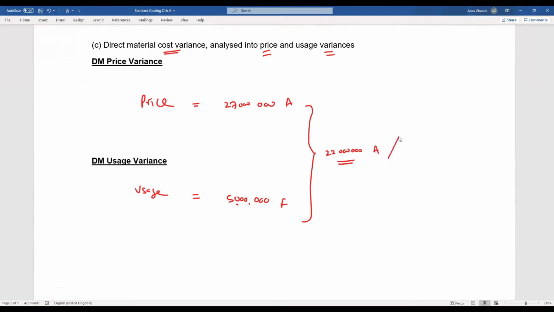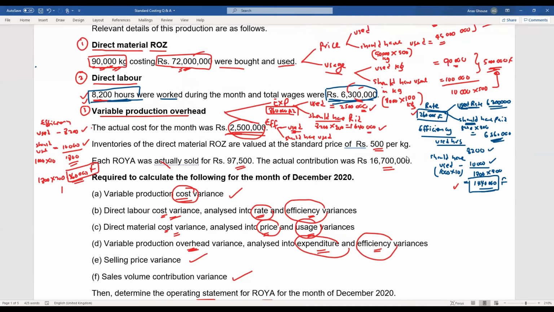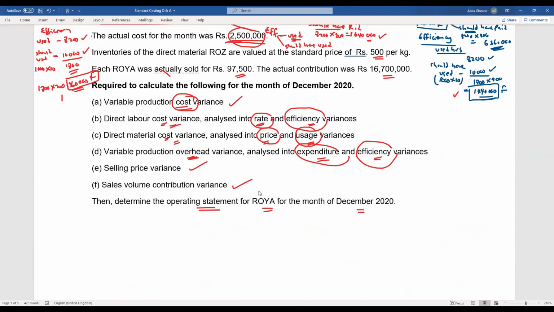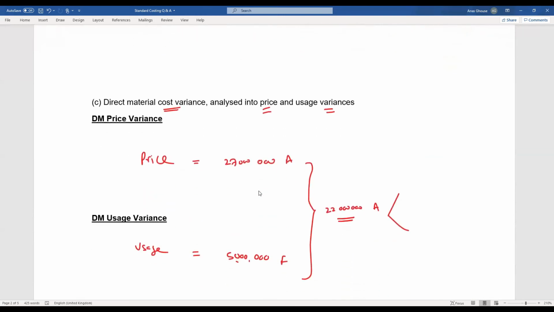So how do you calculate this? You just compare how much you have paid, 72 million, against how much we should have paid for 1,000 units. To produce 1,000 units, our standard cost was 50,000 per unit. So we should have paid 50,000 times 1,000, which is 50 million.